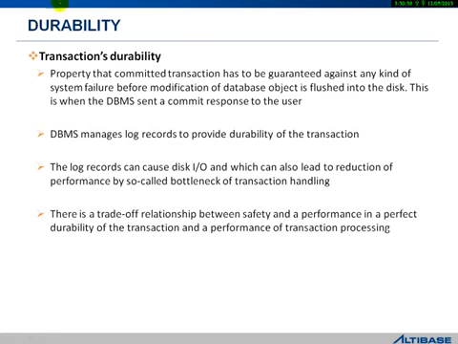It's a property that a committed transaction has to be guaranteed against any kind of system failure before modification of the database object is flushed into the disk. This is when the DBMS sends a commit response to the user. More precisely, after a transaction has been committed, it must be guaranteed even if a database failure occurs before the change data are physically written to the disk.